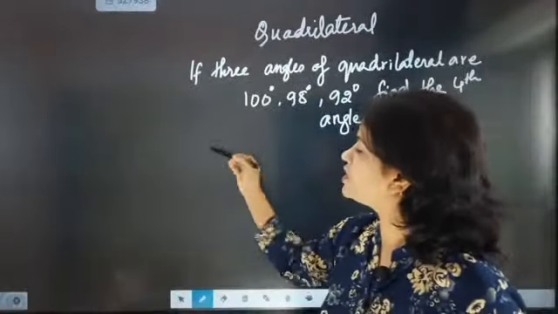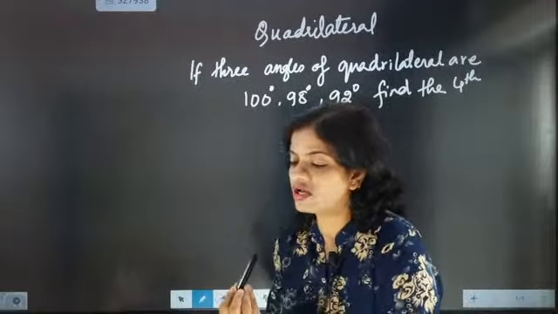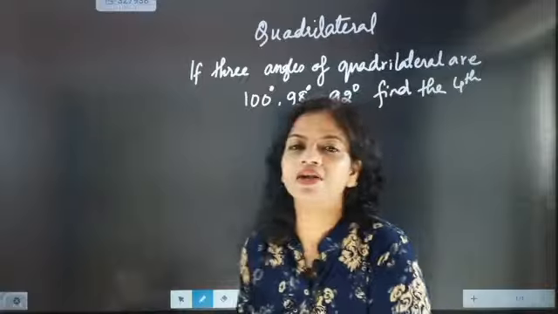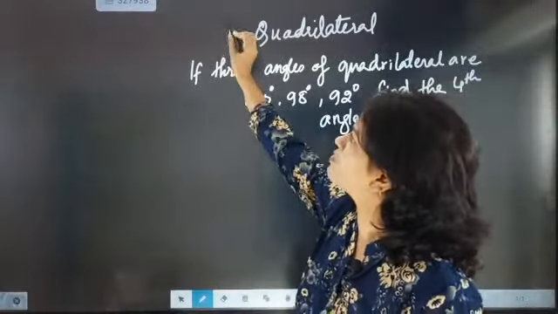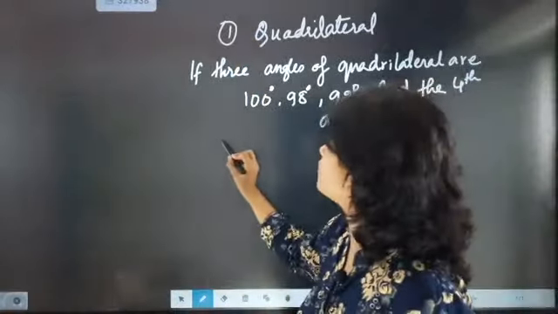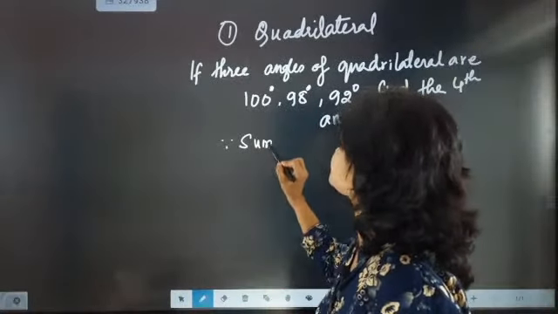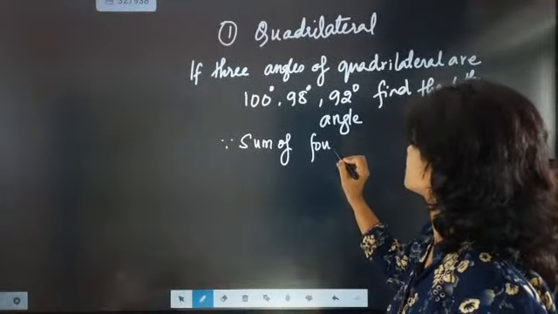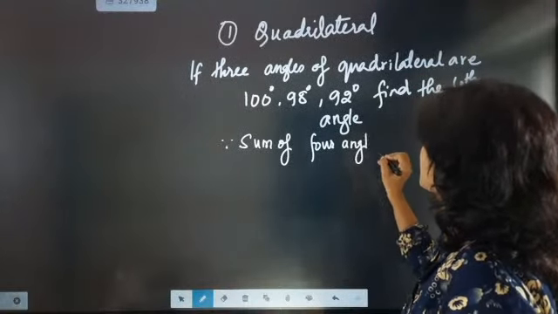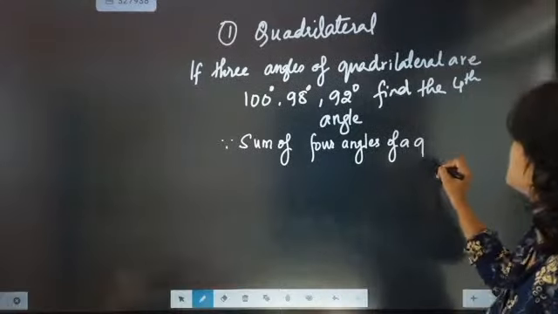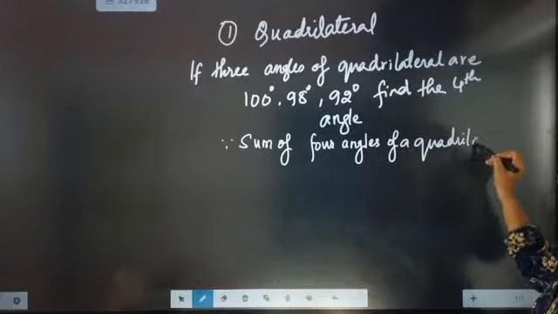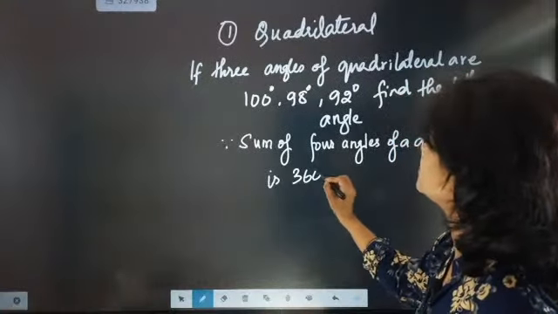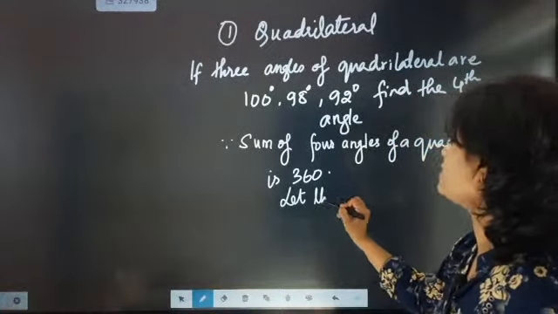So now, we know that the sum of all the 4 angles of a quadrilateral is how much? Sum of 4 angles of a quadrilateral is 360 degree. So the first 2-mark question we are expecting: since the sum of the angles of a quadrilateral is 360 degree, let the 4th angle be x.